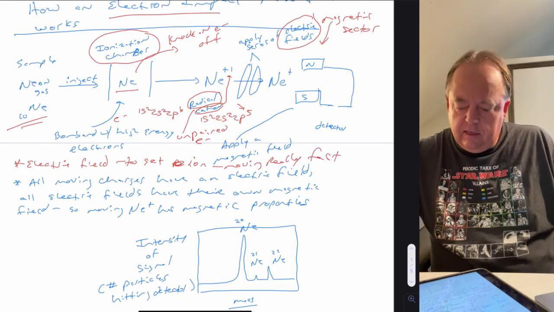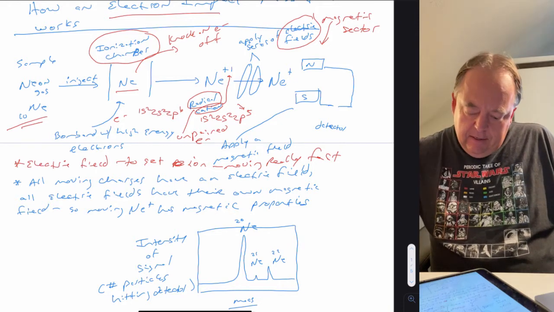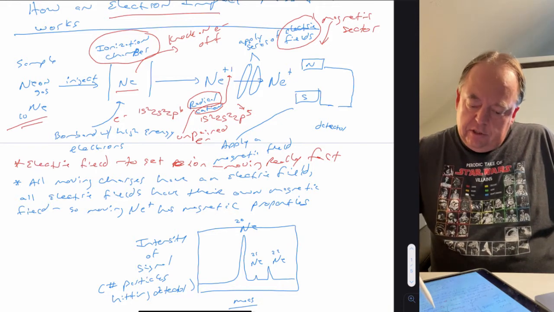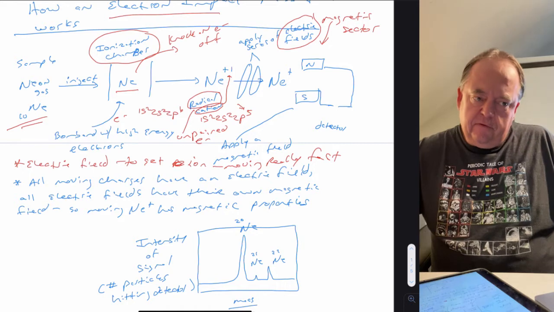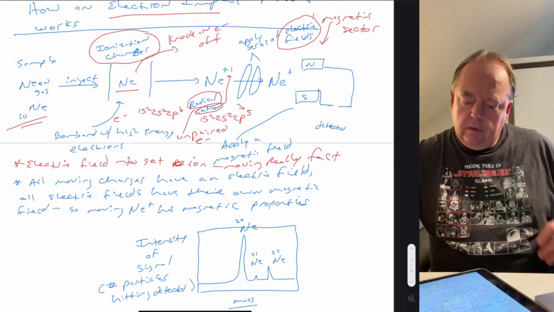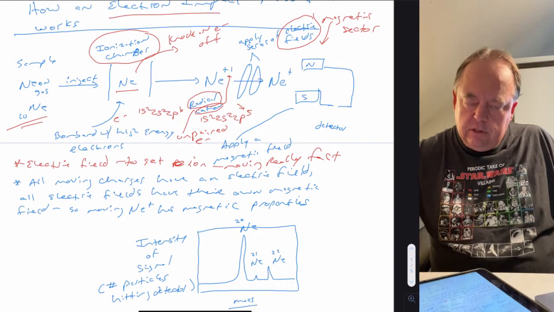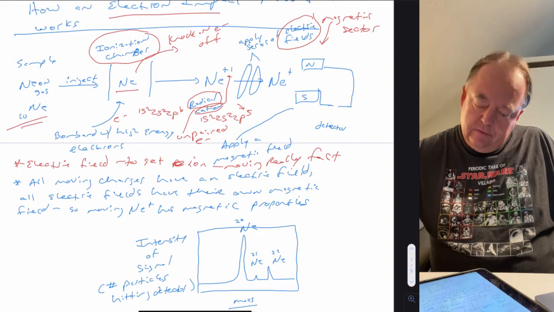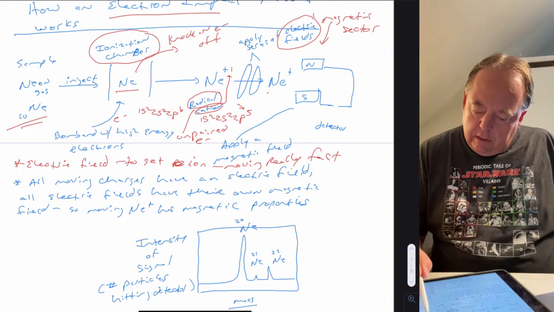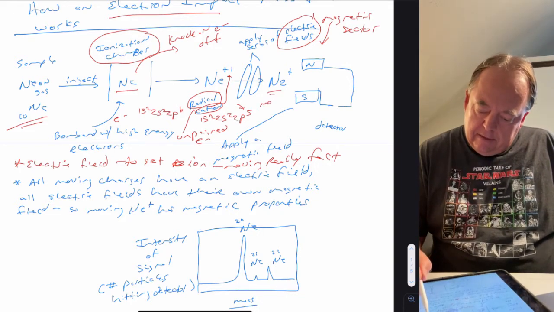Not speed of light fast, but fast. Since it's charged, when you put anything charged in an electric field, through mutual attractions or repulsions, it's going to get moving really fast. So now we have a neon plus cation moving fast.